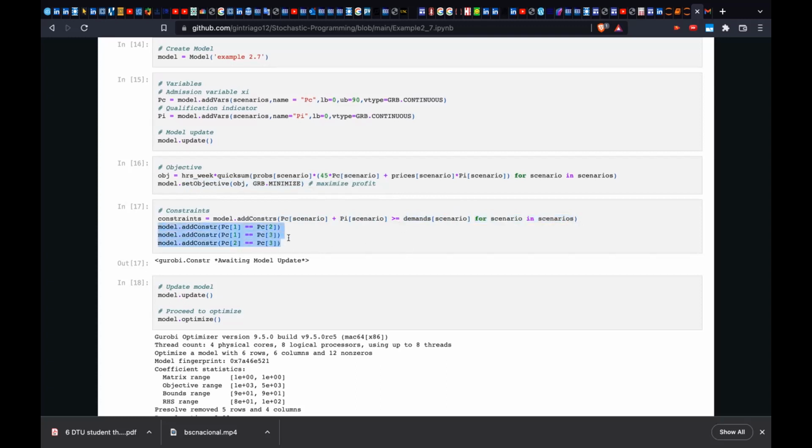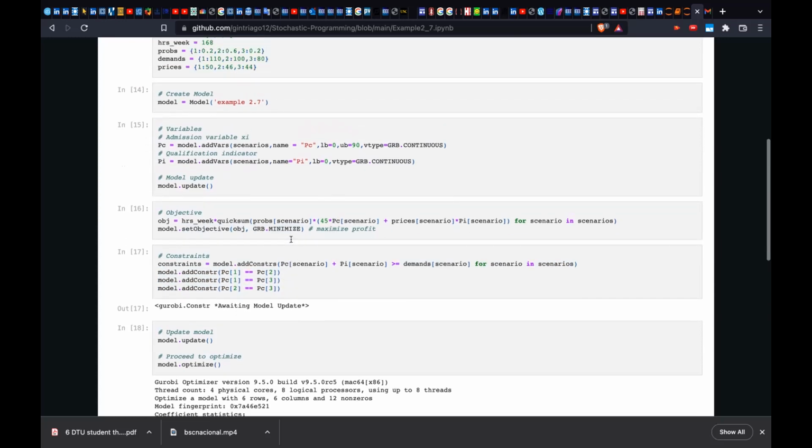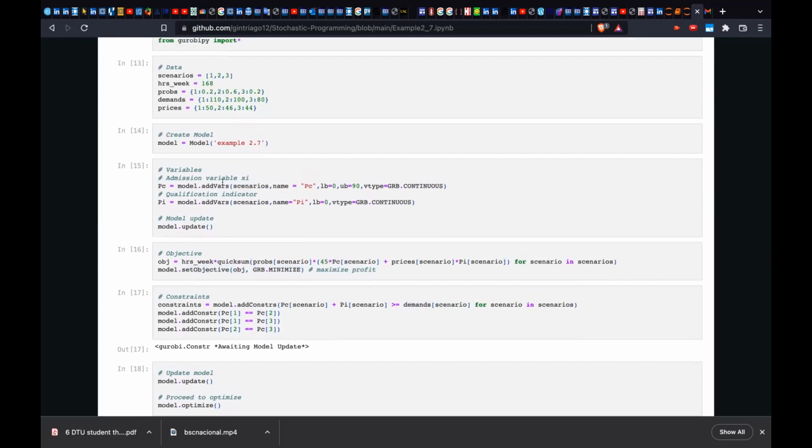Finally, this is the non-anticipativity constraint: I'm setting that the contract power for all of the scenarios has to be equal between each other. Something I forgot is that in the definition of the variable PC, I'm including the lower bound and the upper bound, 0 and 90 respectively, because that's the amount of power we can buy from the contract. And here I'm including the lower bound of 0, the non-negativity constraint for the variable P.